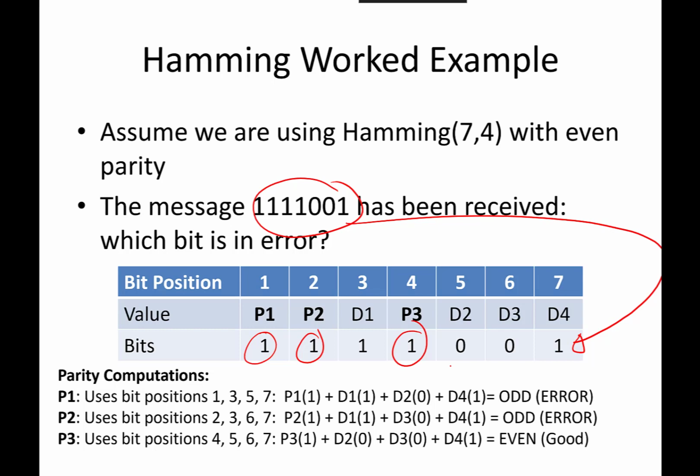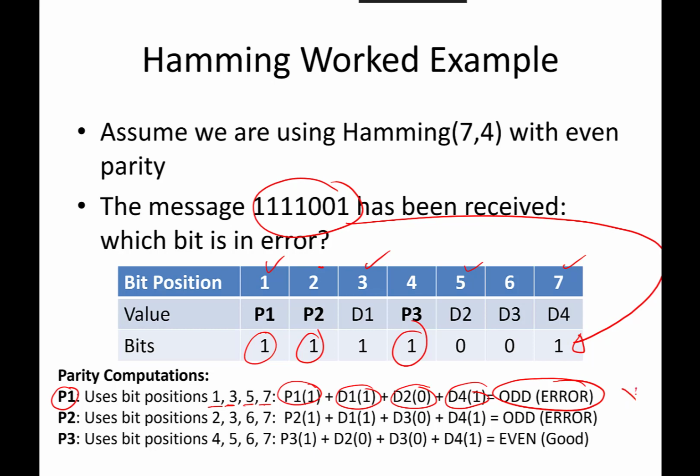Now what we can do is calculate and do our parity computations for each of them. For parity bit 1, it consists of bits 1, 3, 5, and 7. So this one, this one, this one, and this one. So P1 plus D1 plus D2 plus D4 equals 3, which is an odd number.